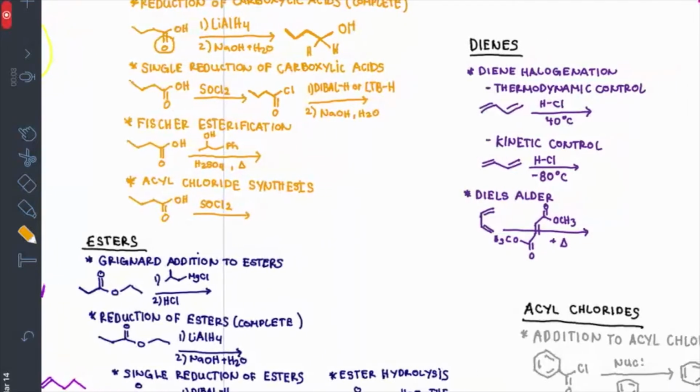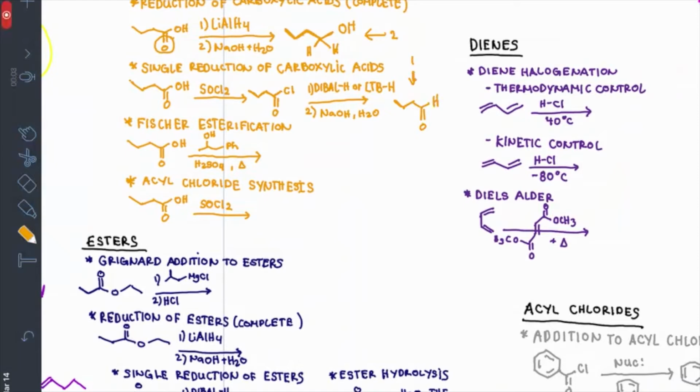From here, we can use DIBAL-H or LTBH. And from here, we will add only one hydrogen to replace that chlorine. Okay. So whereas in this reaction we added two, in this one we add one hydrogen.